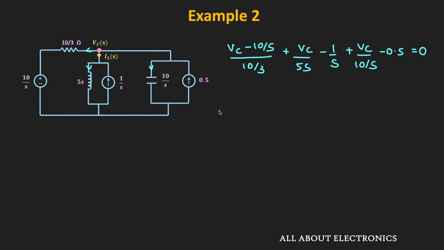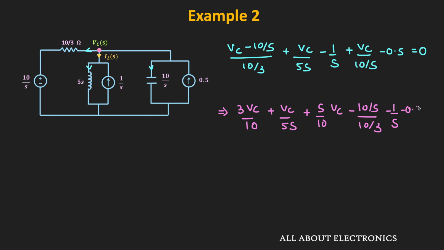Further we can write it as 3 times Vc divided by 10, plus Vc divided by 5S, plus S divided by 10 times Vc, minus 10 divided by S divided by 10 divided by 3, minus 1 divided by S, minus 0.5, equal to 0.